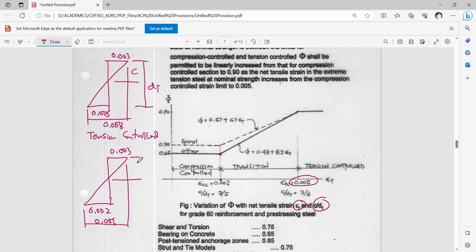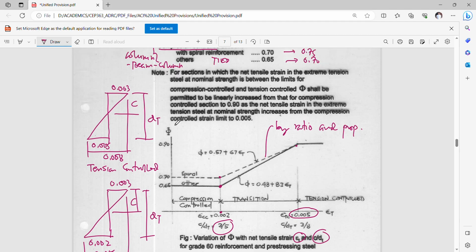And this is c over dt, so 3 over 5 of c over dt. Okay, so this is the compression-controlled section, and in the transition zone, all you need to do is take again the ratio and proportion. So by ratio and proportion, we can simply get the values.